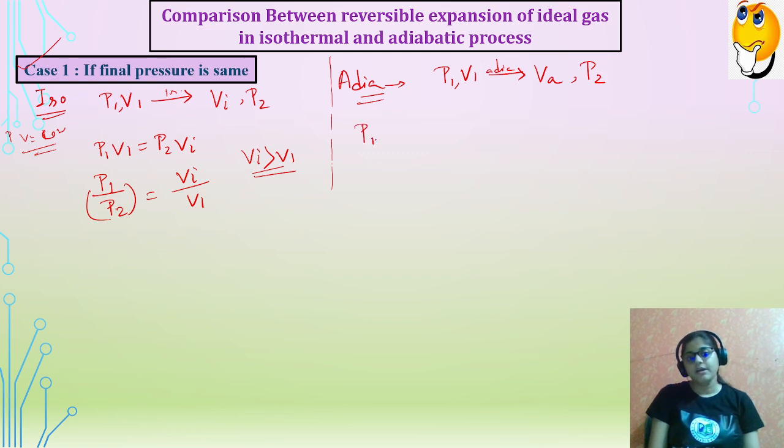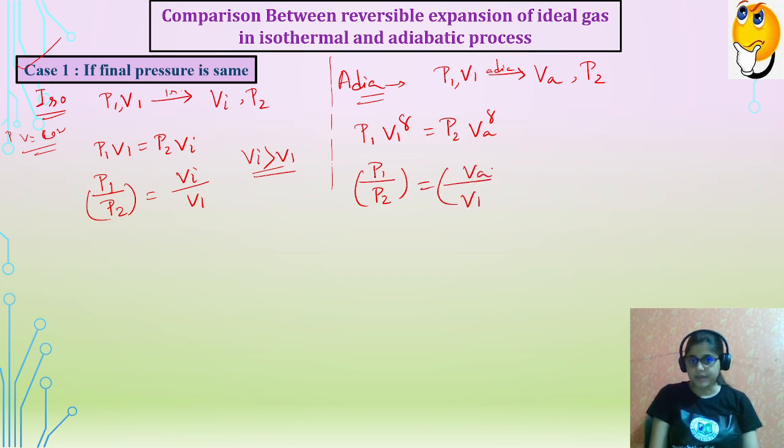Now P1 V1 to the power gamma equals P2 Va to the power gamma. Fine. So P1 by P2 will be equal to Va by V1 to the power gamma. Now we can compare them, equations 1 and 2.